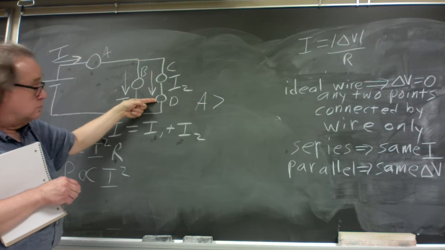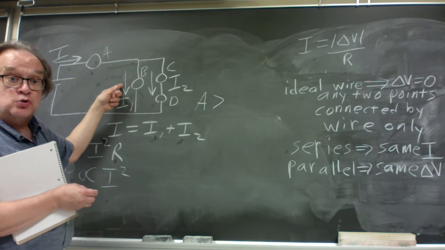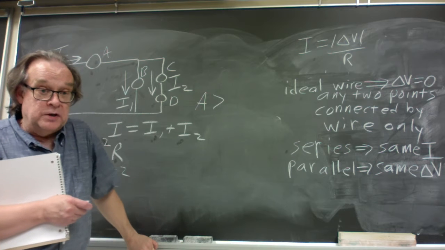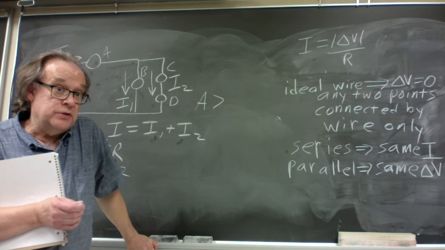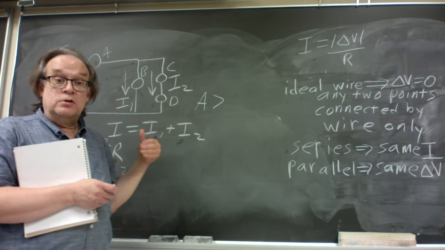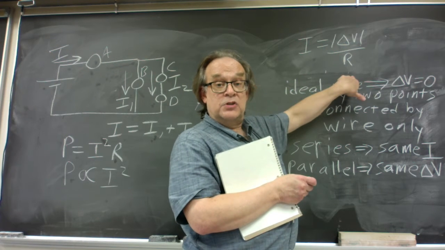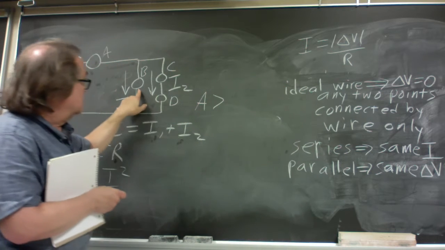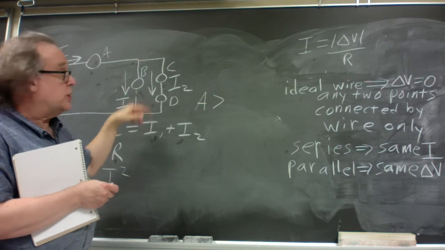So there's two units of resistance in this path, just one unit of resistance in this path, and if two paths share the same potential difference, and they do in this case, then smaller resistance corresponds to bigger current, which means B gets more current than either C or D, so B shines brighter.